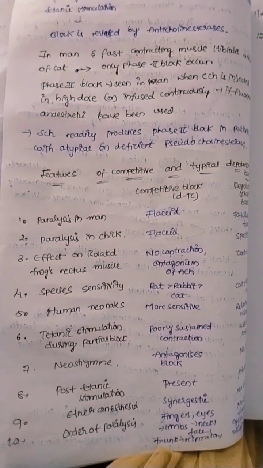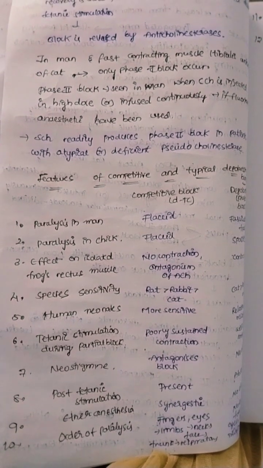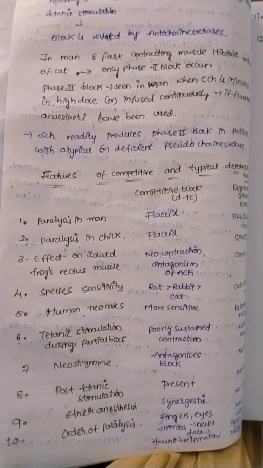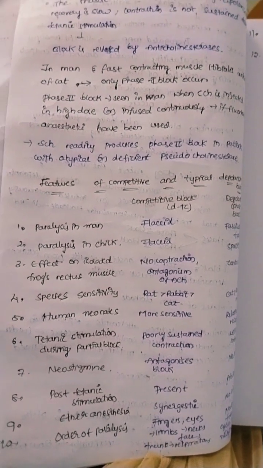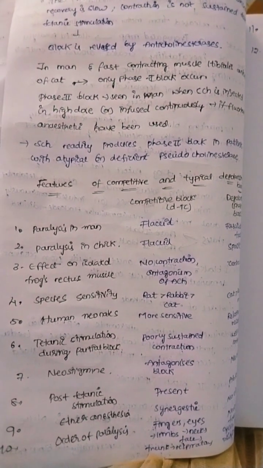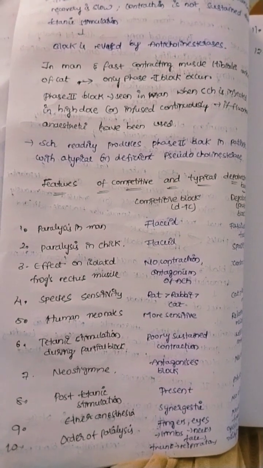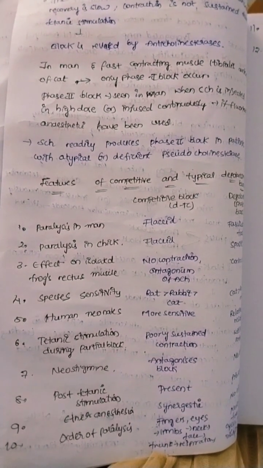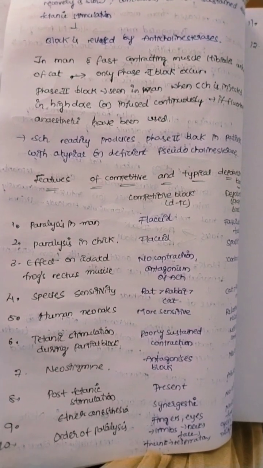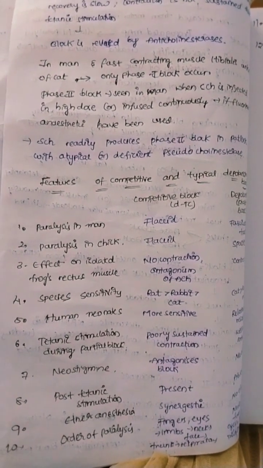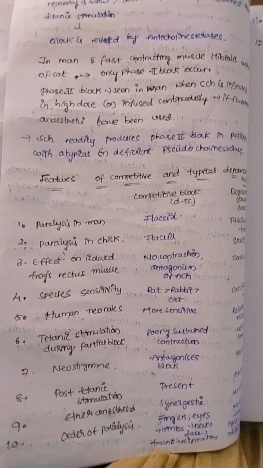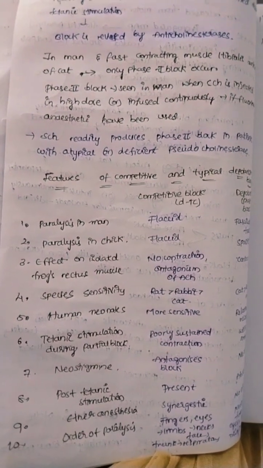If fluorinated anesthesia has been used, then this phase 2 block will be seen. Succinylcholine readily induces a phase 2 block in patients with atypical or deficient pseudocholinesterase. If there is a deficiency of pseudocholinesterase, then succinylcholine cannot be broken down, so it will produce phase 2 block.